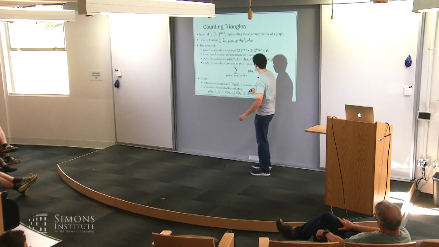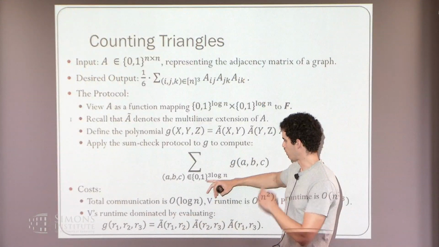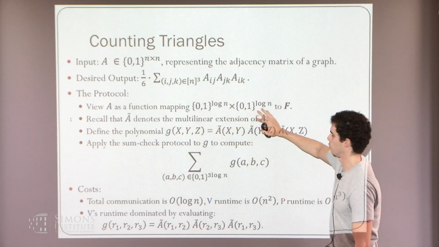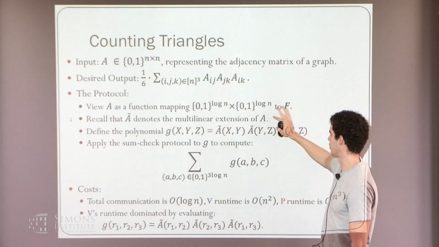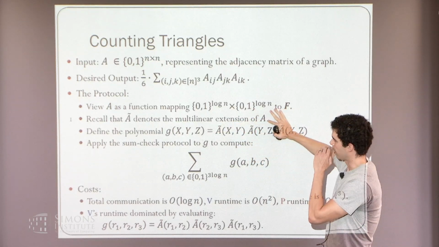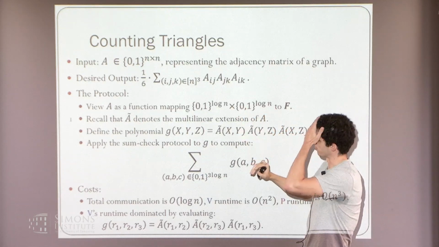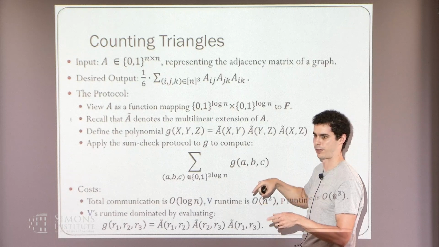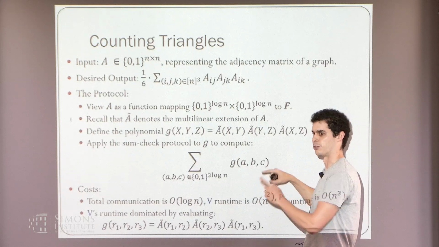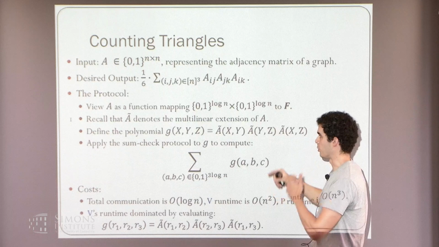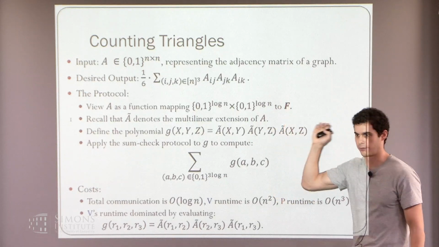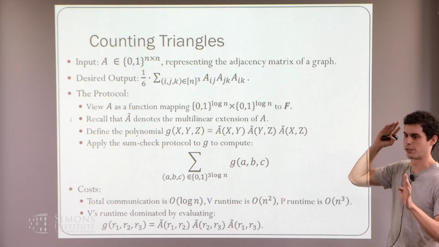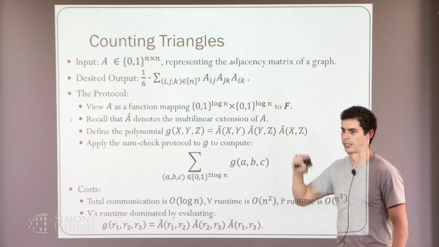If you interpret, rather than viewing A as a function from 2 log n bits to 0,1 or the field, if you instead view A as a function from 0,1 up to n to the 1/4 by 0,1 up to n to the 1/4, and you do that 4 times, you can still define low degree extensions of that function, which is now only like a 4-variate function or 8-variate or whatever.